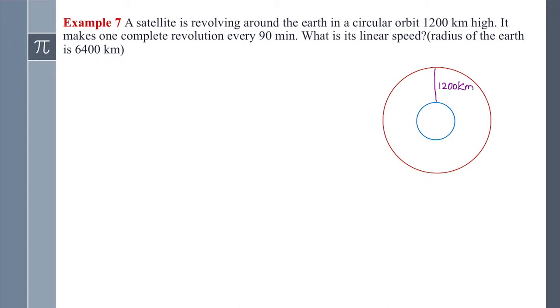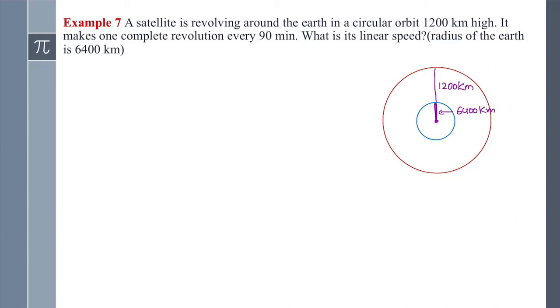And then it can make one complete revolution every 90 minutes. What is the linear speed? And then what we have to consider is the radius of the Earth is 6400 kilometers. So my picture does not look accurate, but let's say this is the radius of the Earth, which is 6400 kilometers.